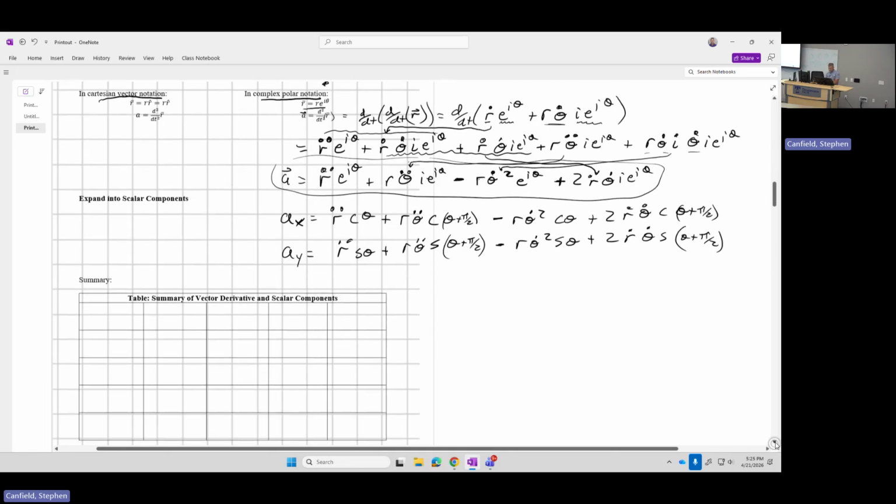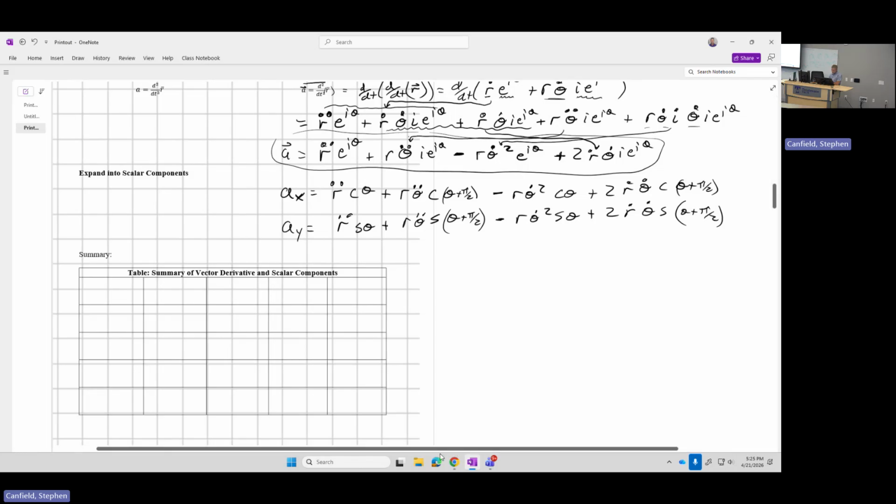Okay, we got this nice little table. So if we want to summarize in the table, our vector r had really just one component, r e to the i theta. The acceleration is the second derivative of this: d squared dt squared of r e to the i theta.